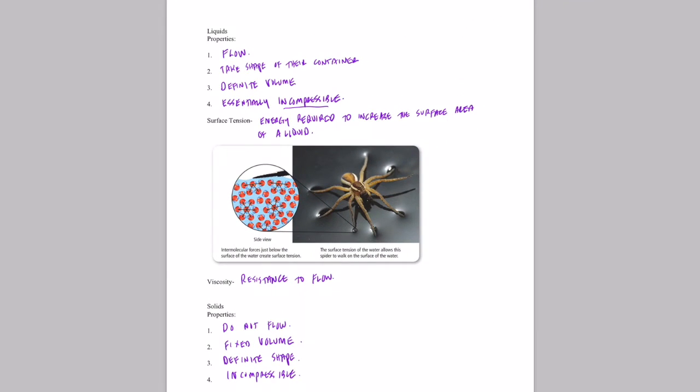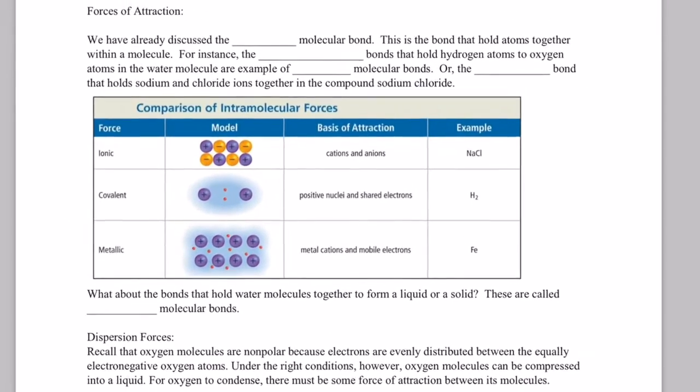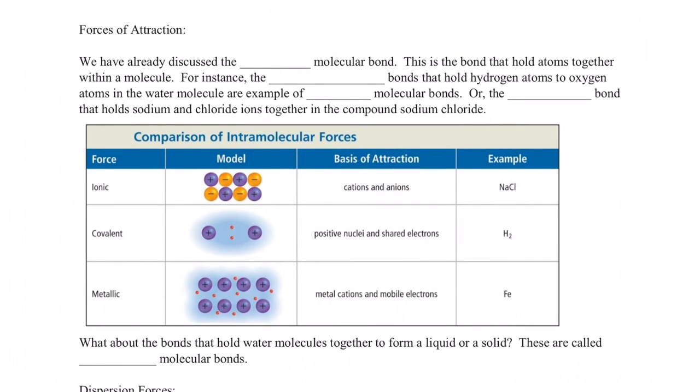Okay, so just a couple of properties for gases, liquids, and solids, and some vocabulary terms related to them. Now I want to move into a topic called forces of attraction. And this is actually pretty important to understand: intermolecular and intramolecular forces of attraction.